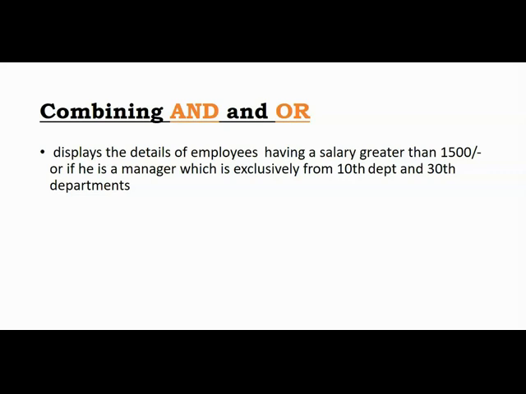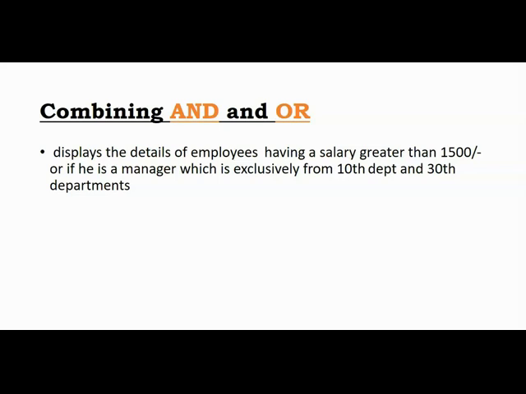I am very sure that you have understood nothing from this statement. It is simple, if you break it into parts, one thing will be clear. We are displaying employees who are having salary greater than 1500 or he's a manager. From which departments?